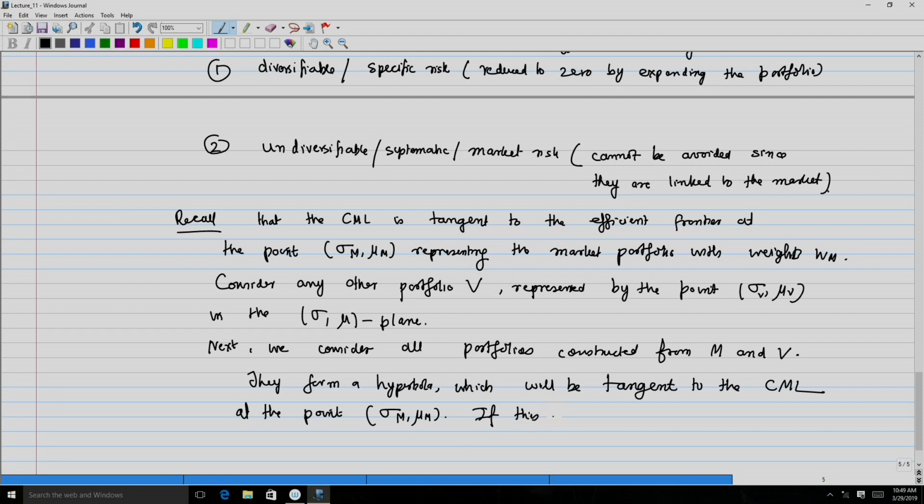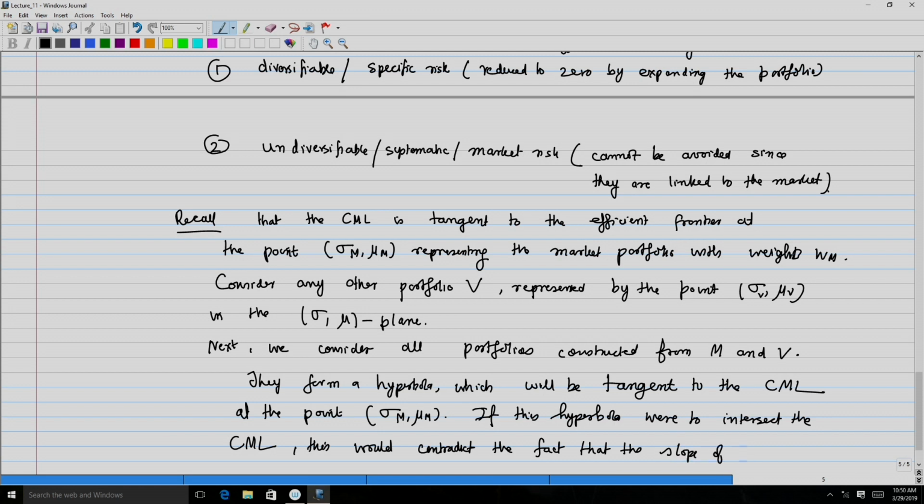If this hyperbola were to intersect the CML, this would contradict the fact that the slope of the CML is the maximum.